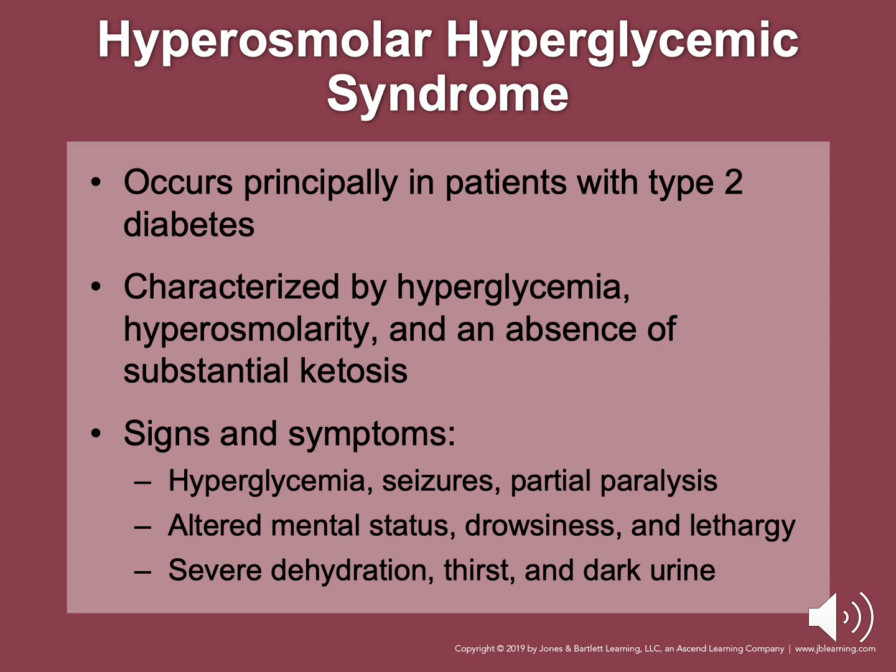Some signs and symptoms include hyperglycemia, altered mental status, drowsiness, lethargy, severe dehydration, thirst and dark urine, visual and sensory deficits, partial paralysis, muscle weakness, and seizures. DKA and this usually overlap, and they can be observed at the same time. It usually develops in patients with diabetes who have a secondary illness that results in reduced fluid intake.